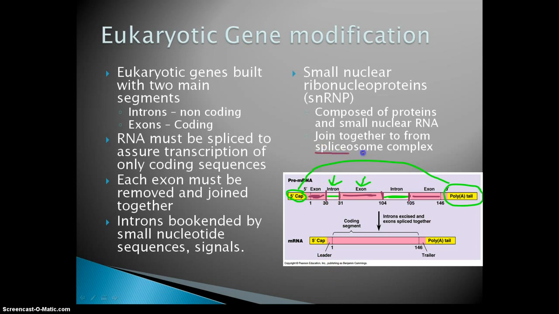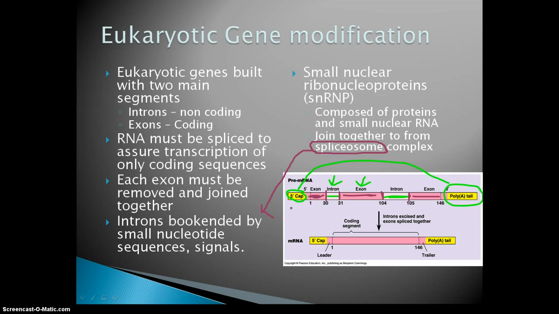This structure right here is what does this removal, this excision of the introns. These non-coding regions on either side of the intron are the key that lets the spliceosome know when to do its job. Now, the spliceosome is actually a complex of structures.